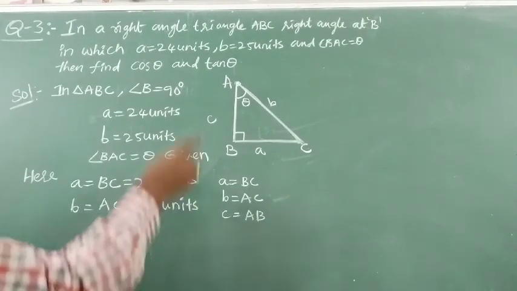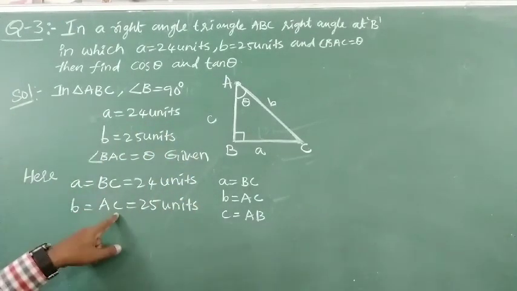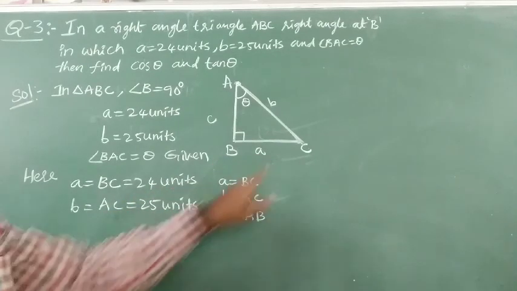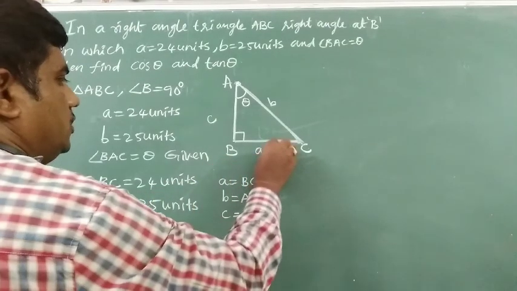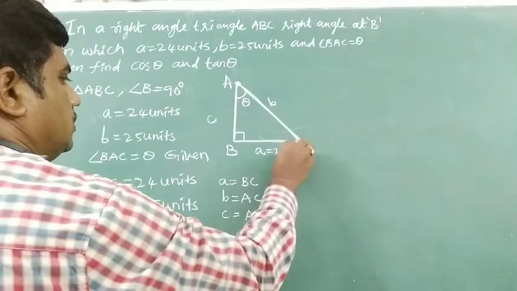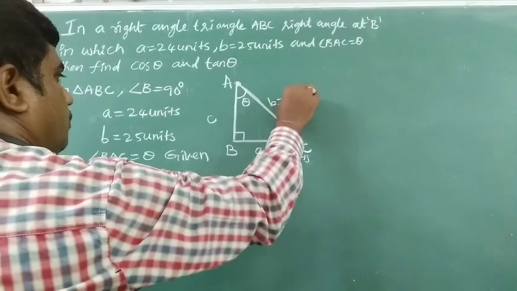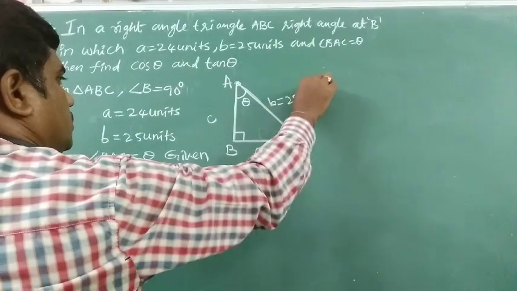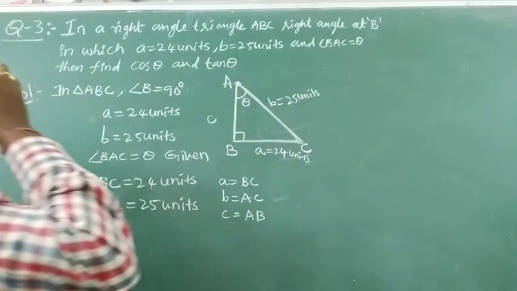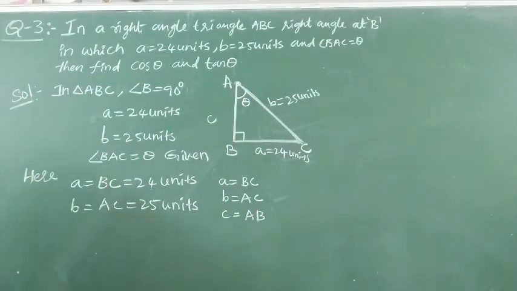So BC length we know, AC length we know. BC is 24 units, AC is 25 units. First we have to find AB length or small c value by using Pythagoras theorem.